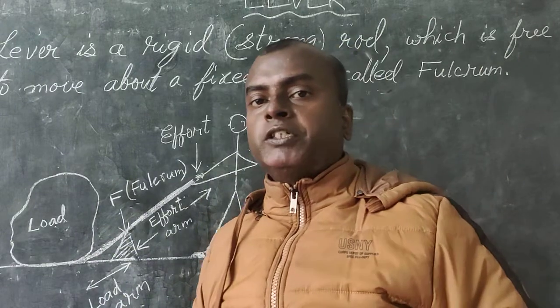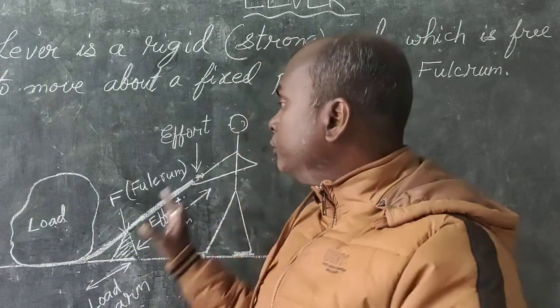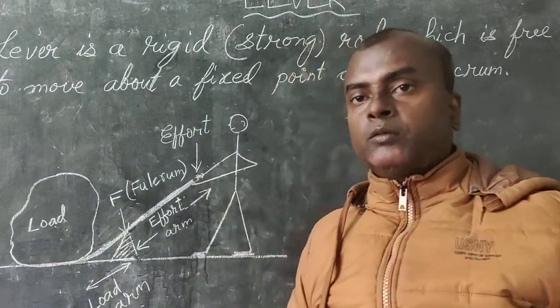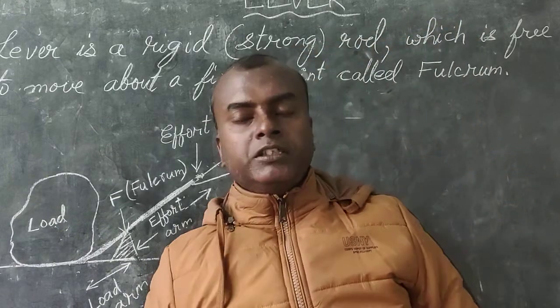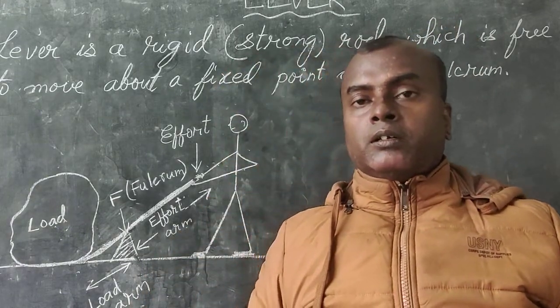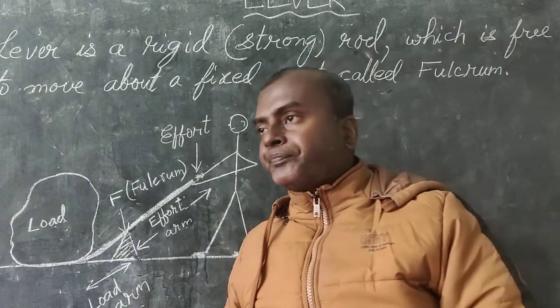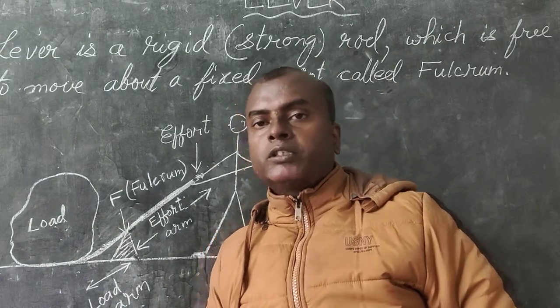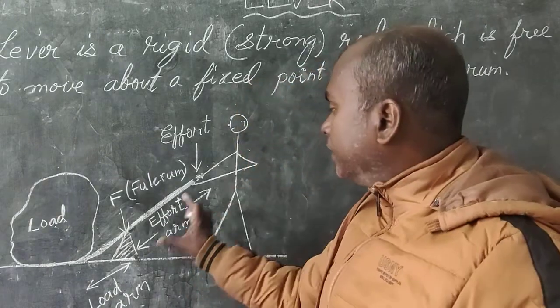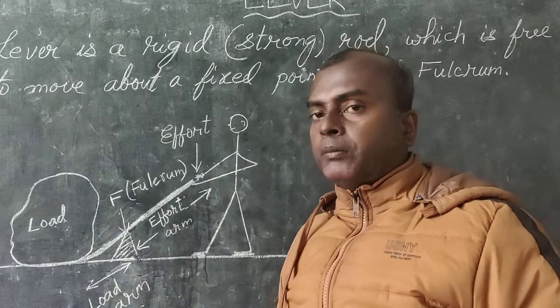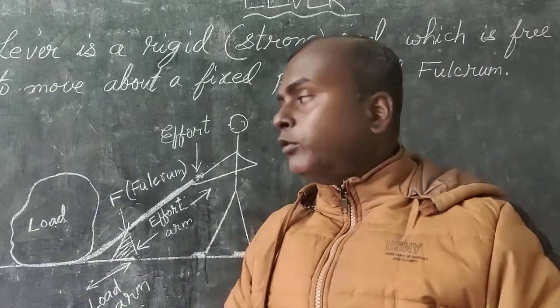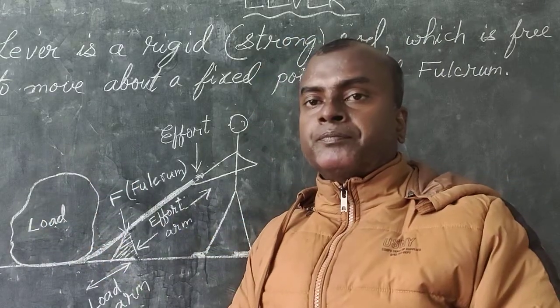It will not be able to move the load efficiently. Why do we use machines? For making our work easier, for the objective that we have to use less effort to do a certain task. But if effort arm is smaller than the load arm, then we have to give more force than maybe the load itself.